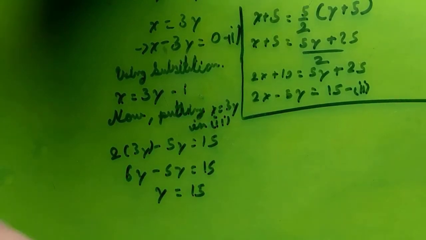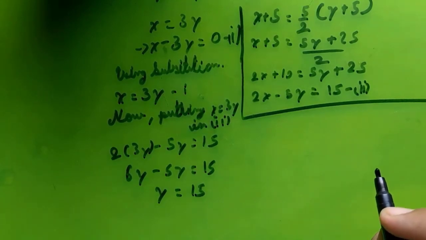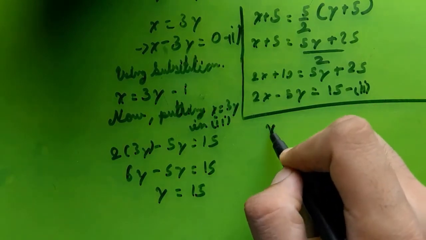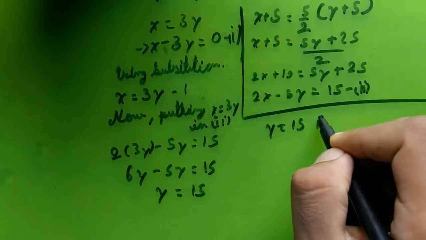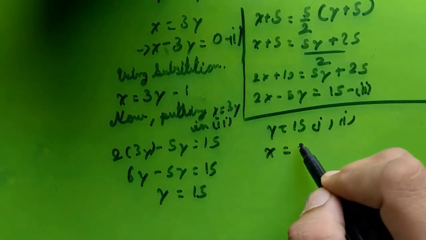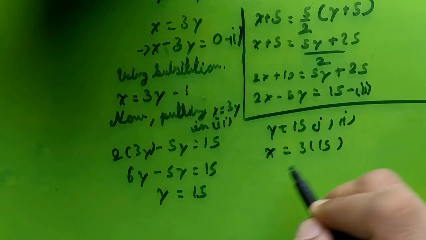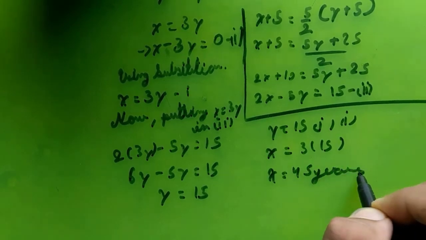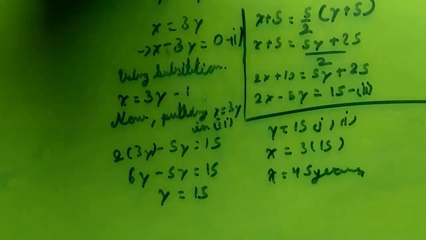Therefore, the age of Sumit's son is 15, but we have to get the value of Sumit's age. Therefore, putting y equal to 15 in 1, x equal to 3 into 15, x equal to 45 years. Therefore, the age of Sumit is 45 years.